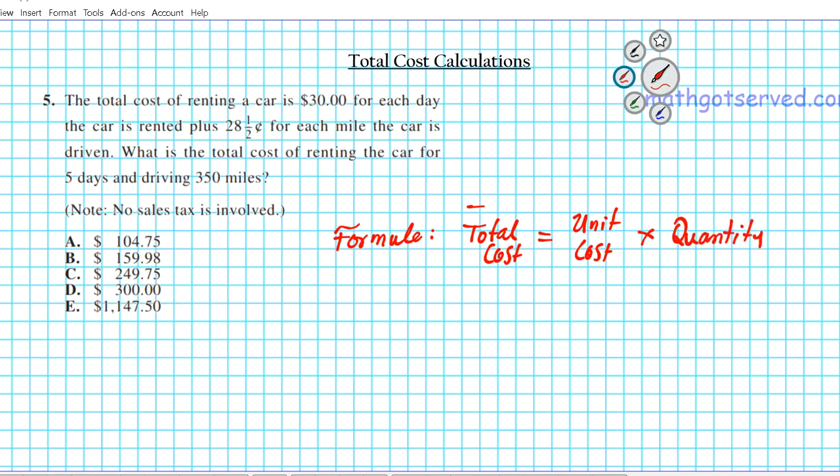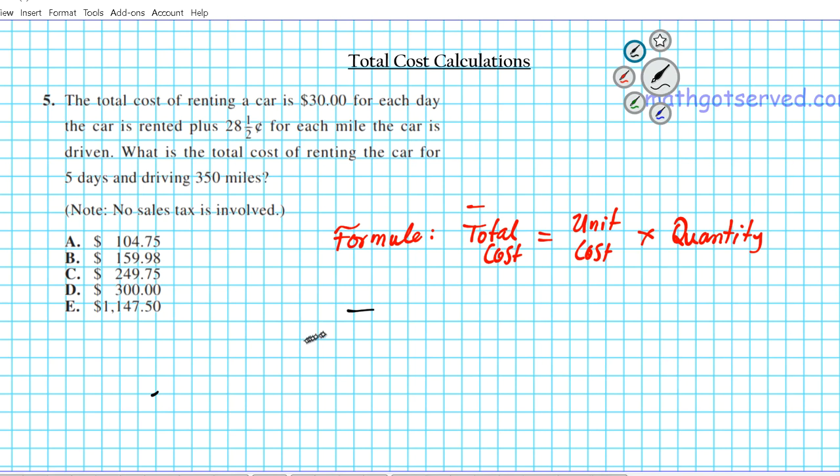All right. Now in this particular case, we have two total costs that we need to account for. We have the total cost for the days and the total cost for the miles. So two components that we need to factor in our calculation. So let's write it down.